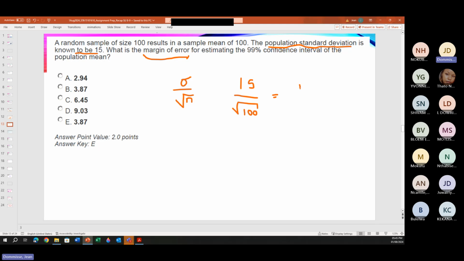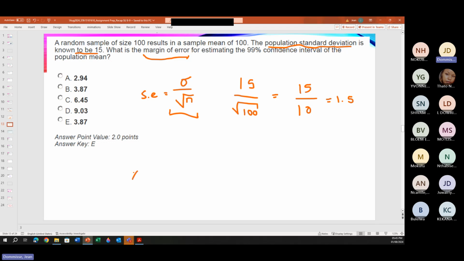Okay, so that is 15 divided by 10, which is 1.5. Okay, so that is your standard error. Then they're asking us what's the margin of error.